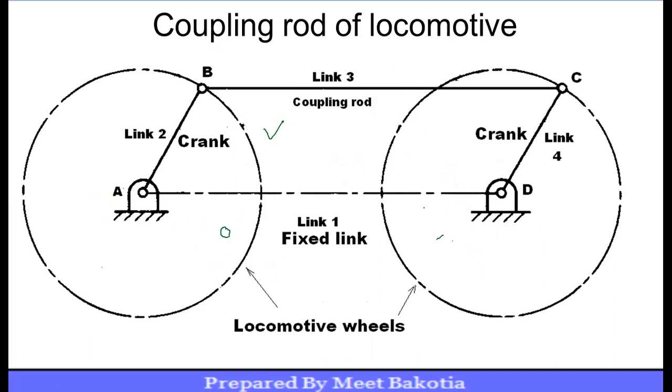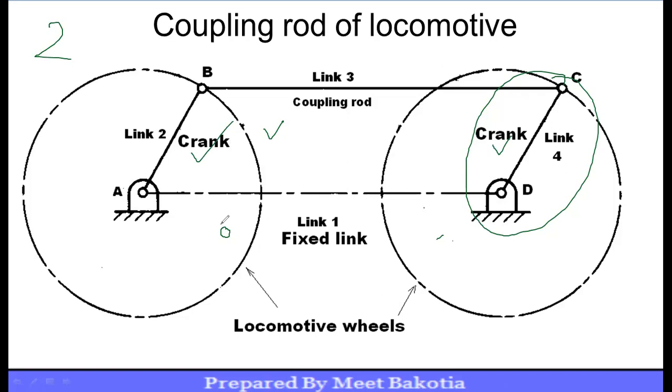It is called the double crank mechanism because the fourth link in the original mechanism was a lever which used to oscillate. But we have replaced that lever with a second crank. We already have one crank, but we have added another crank. So since there are two cranks, we call it the double crank mechanism.